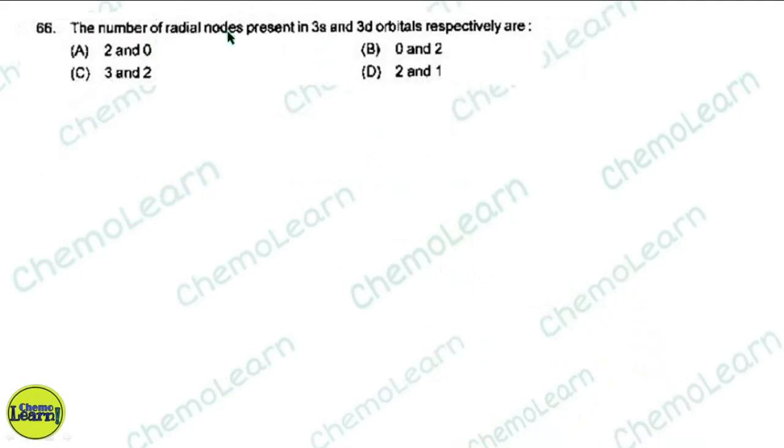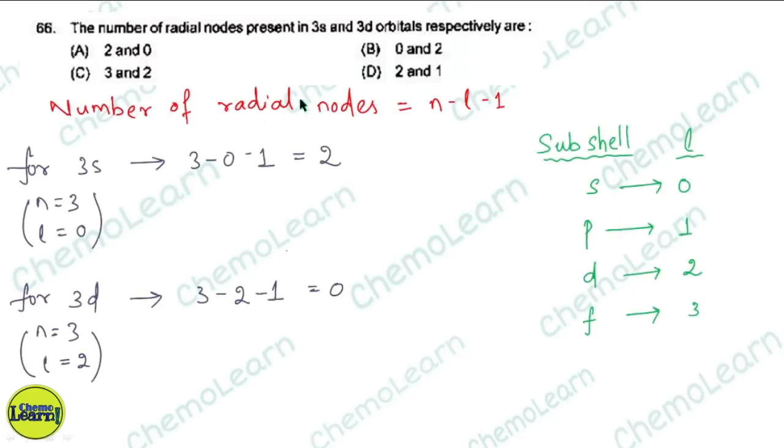The number of radial nodes present in 3s and 4d orbital respectively are: 2 and 0, 0 and 2, 3 and 2, or 2 and 1. Number of radial nodes has a formula n minus L minus 1, where n is the principal quantum number and L is the azimuthal quantum number.